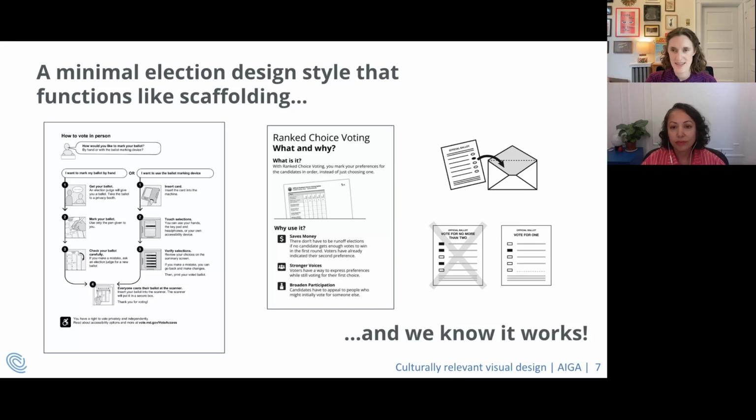In many ways, CCD's work is developing a visual language for elections. It's a minimal election design style that essentially focuses like scaffolding so that it's really giving structure to information. And we know that this works because we've been doing research on it for the entirety of our existence, and we've seen it put to the test in elections and jurisdictions all over the United States.